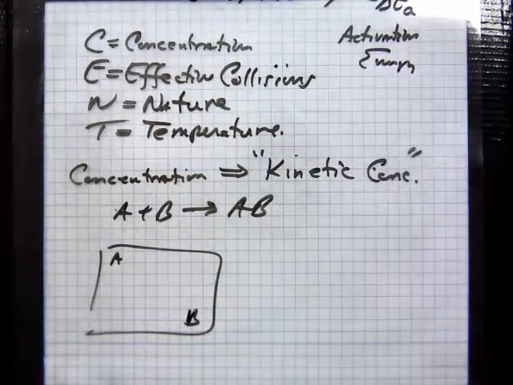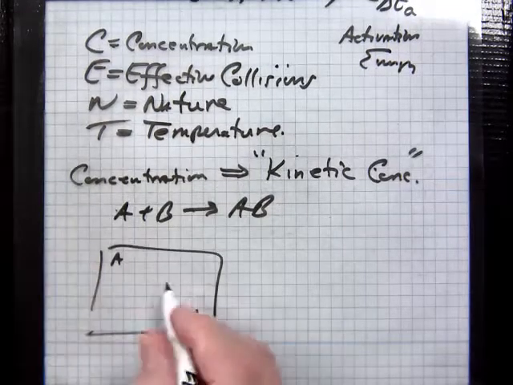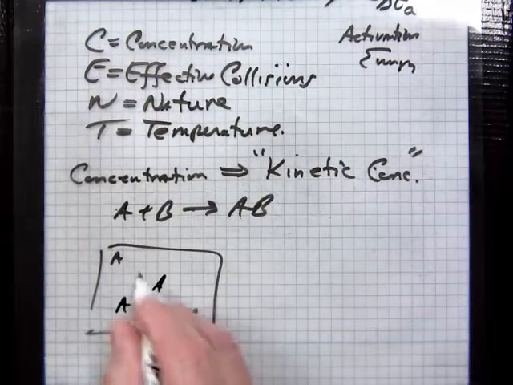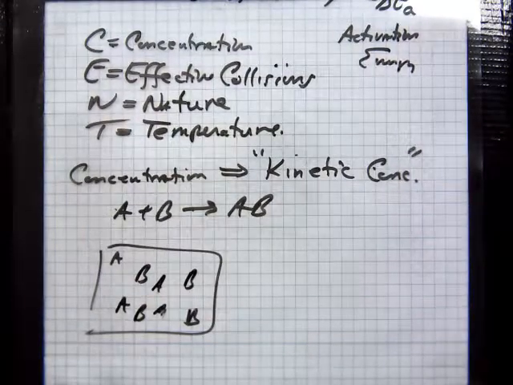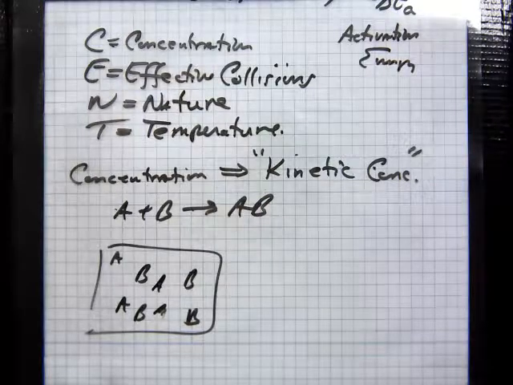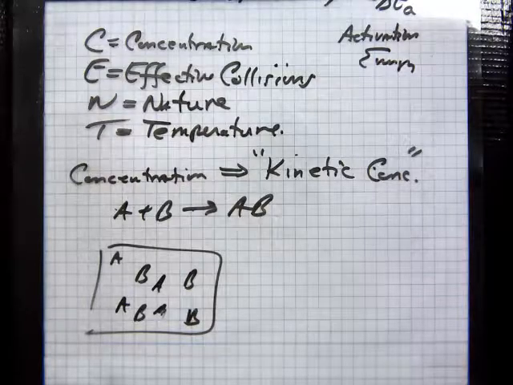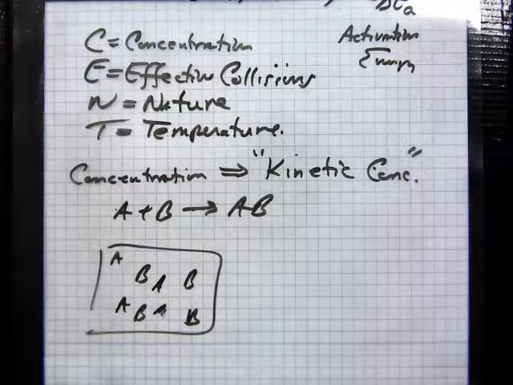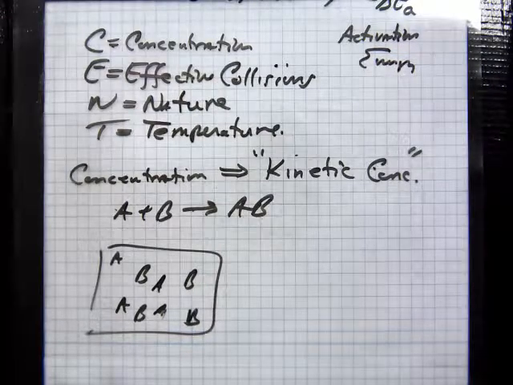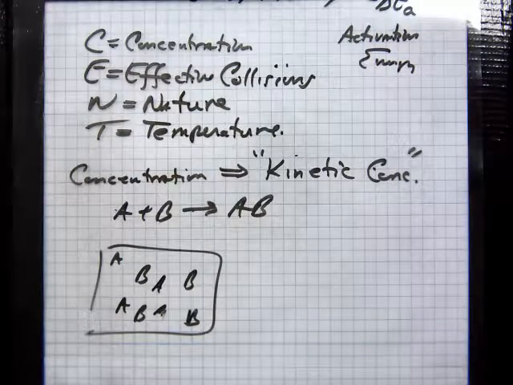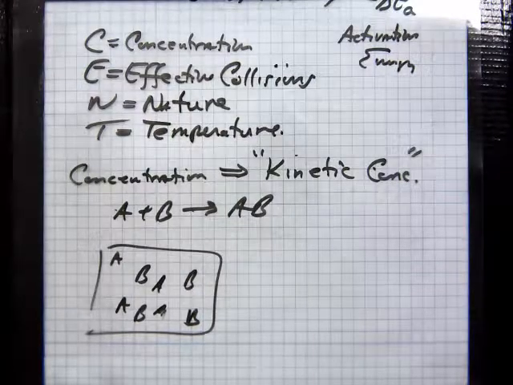And so you have poor reaction probability. But if I fill it up with A's and B's, there'll be a greater chance of those particles finding one another. And so you must have an effective kinetic concentration of reactants in order to initiate the reaction. Whether you're at activation energy or not, the particles must be able to find one another.